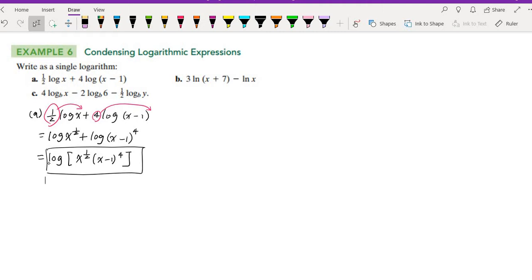Okay, part B. We have 3 natural log x plus 7 minus natural log x. Again, we have to apply the power rule first, because this coefficient is not 1. So we write this as log x plus 7 to the 3rd power minus natural log x.